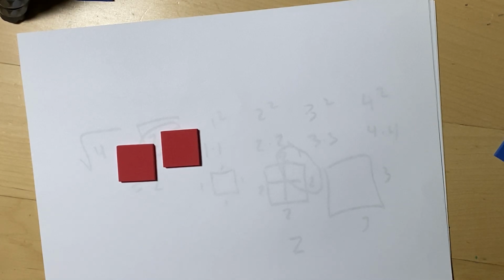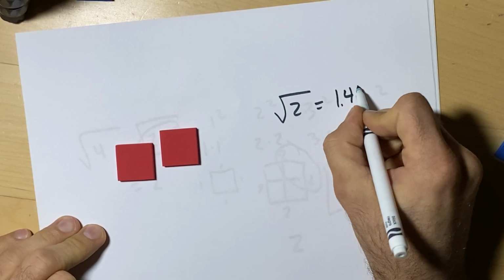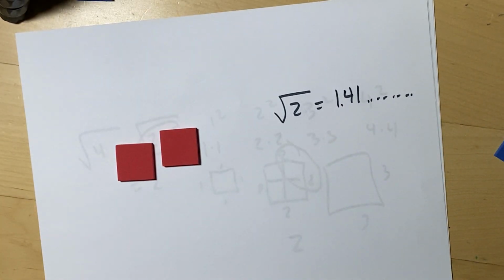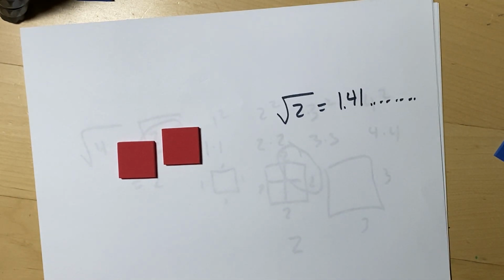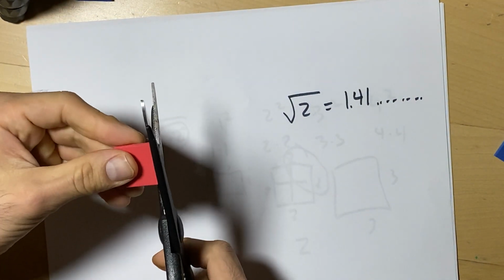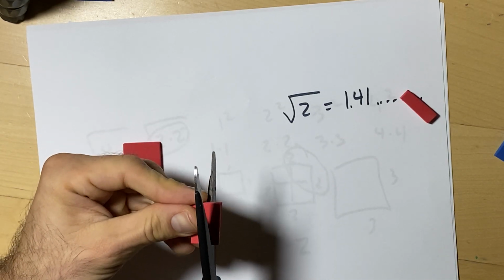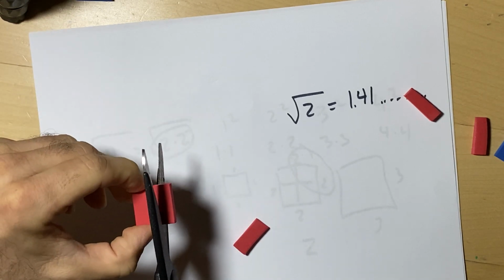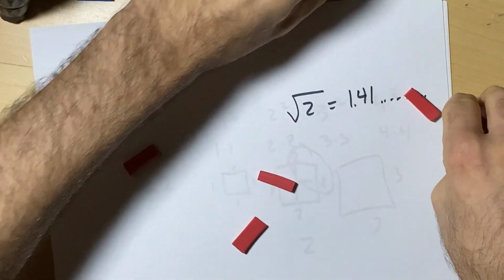And when we punch it into a calculator, it's this number that goes on forever. And that tells us that when we chop this up and make a square out of it, we would actually have to cut this into pieces. I don't know if I could even do it just by doing this, right?